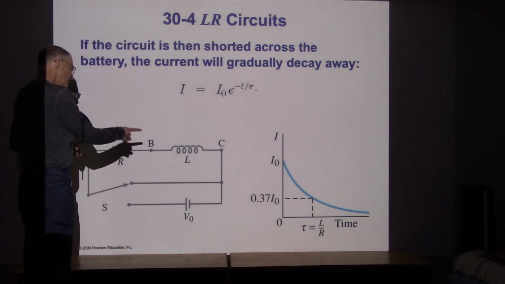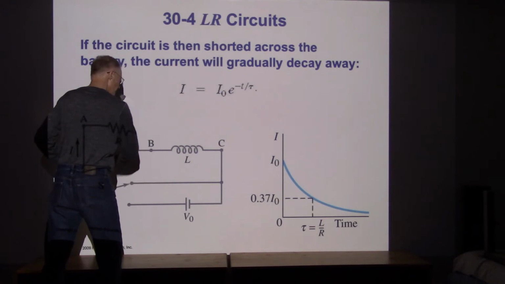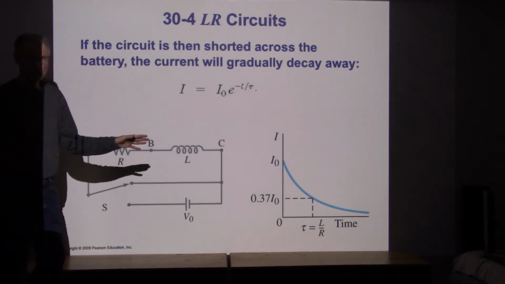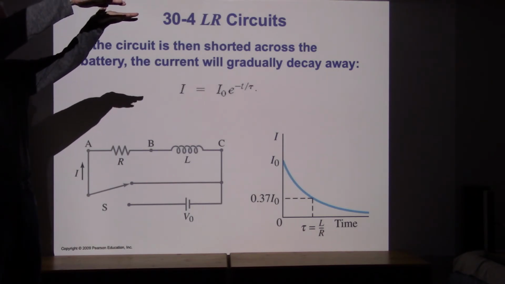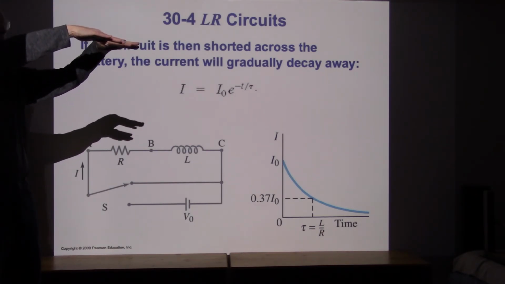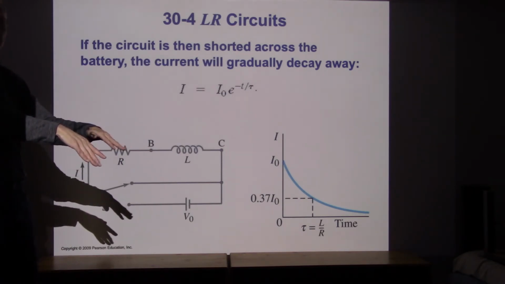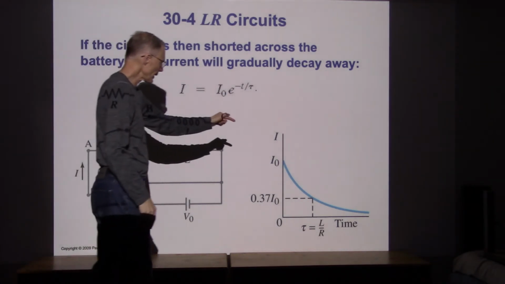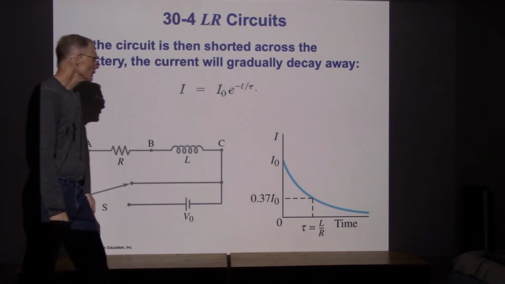Since it's an inductor and the current initially was going this way, the inductor hates changes in current. So what the inductor does is it starts with that current. It never switches directions. In this case, the current just ramps down. It just settles down to 0, following this exponential curve. It never changes directions.